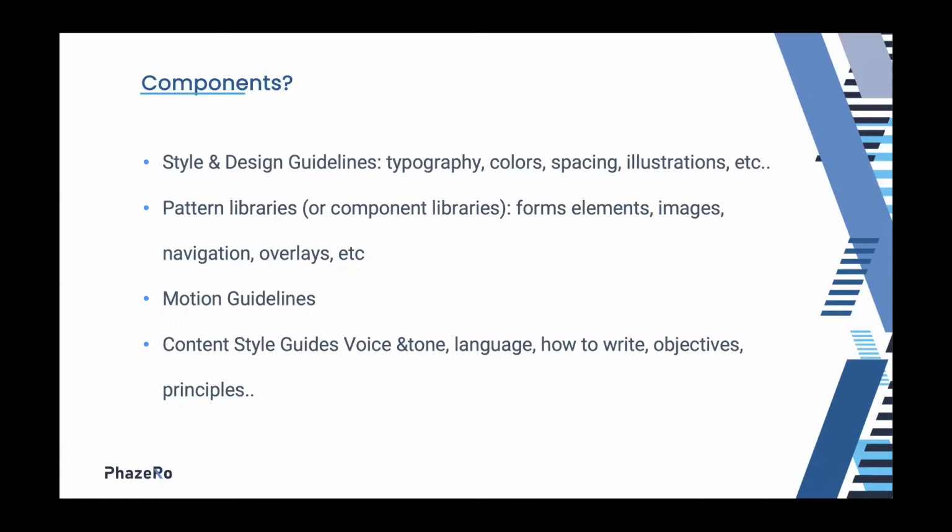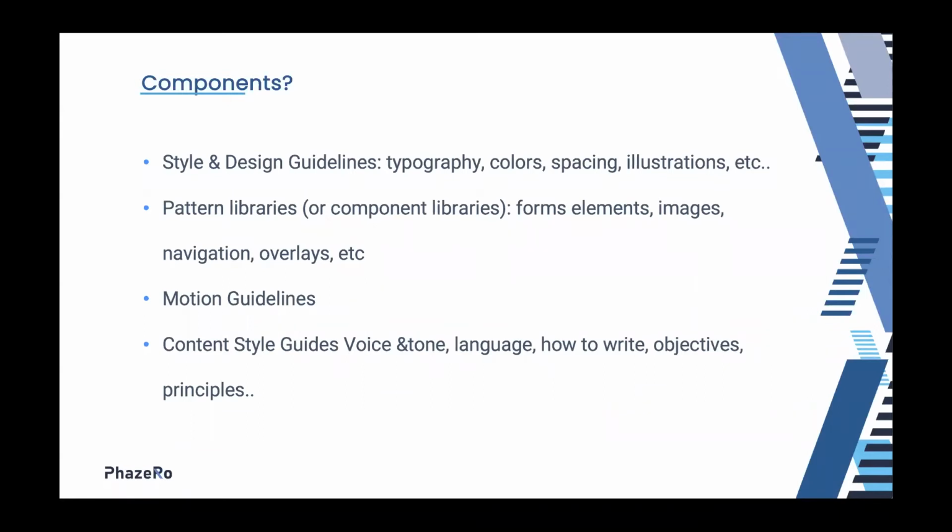About the components, it's mainly the style and design guidelines: colors, spacing, illustration, typography, and for some items here, they are just fixed. Like for example, the spacing is the same in all design systems. Then pattern libraries or component libraries, like images and cards, navigation, overlays, and so on.